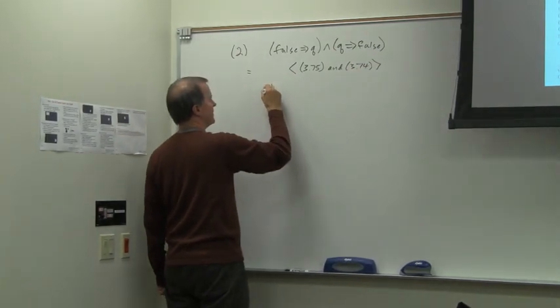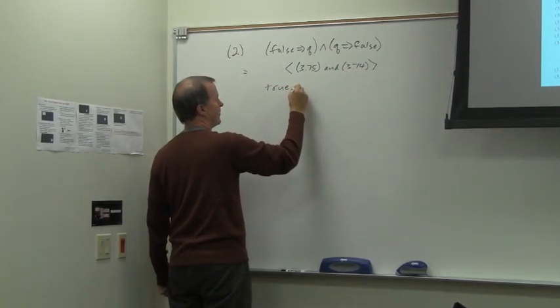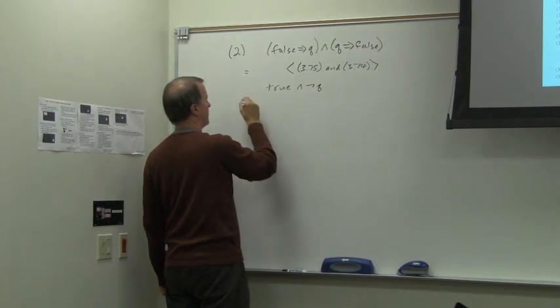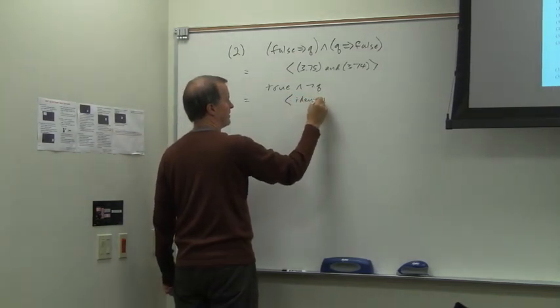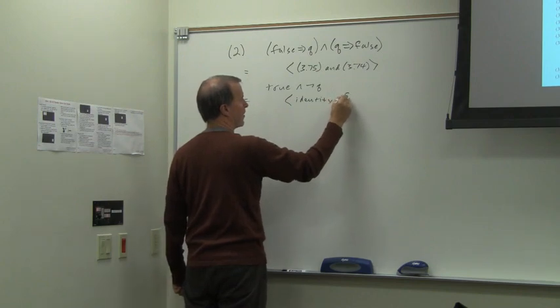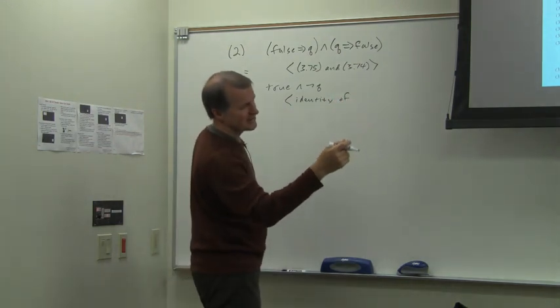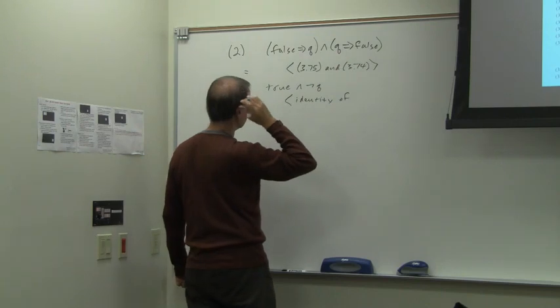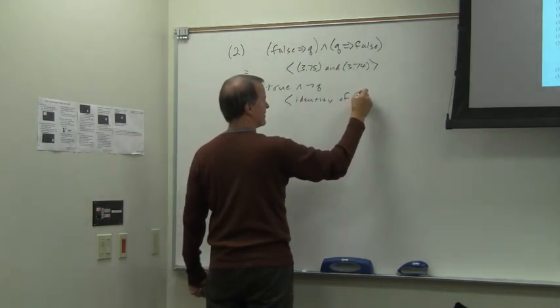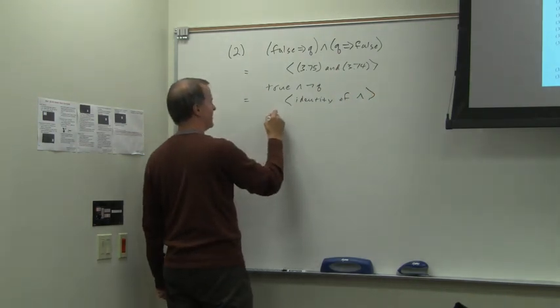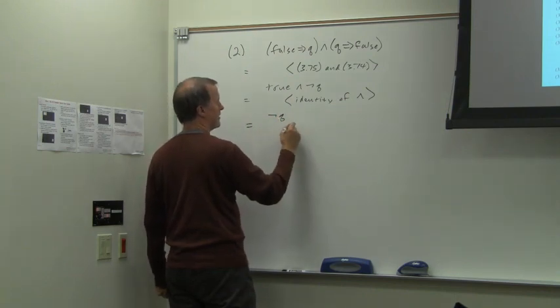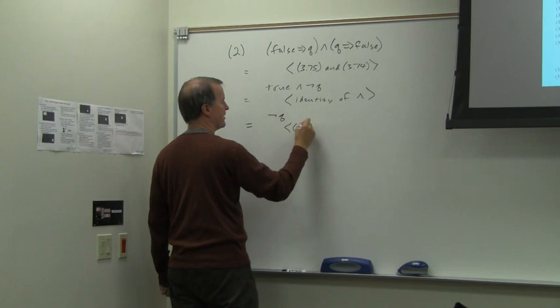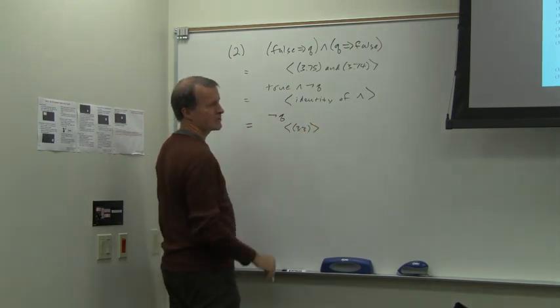So what is this going to be? True and not Q, which equals by identity of and, oh, I see why you wanted to start with the whole thing. Yeah, do it the same way we did that one. Identity of and, this is going to be not Q, equals by 3.3, what is it we're trying to get it to?